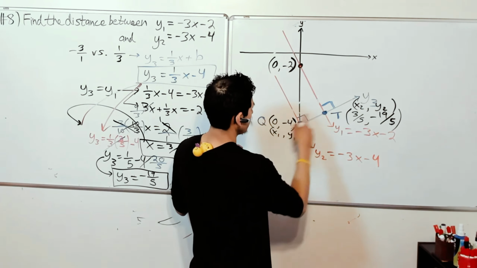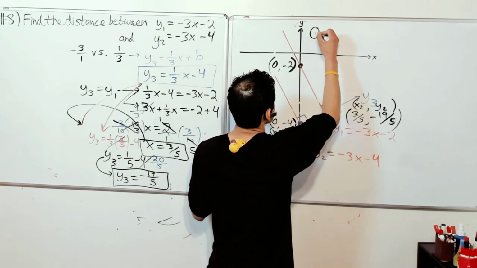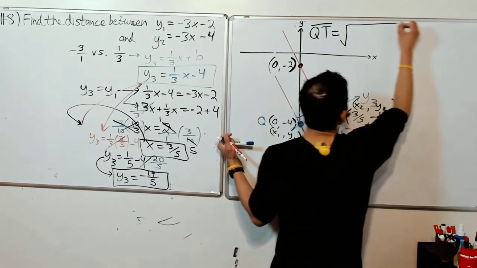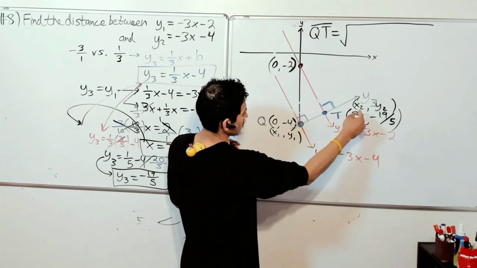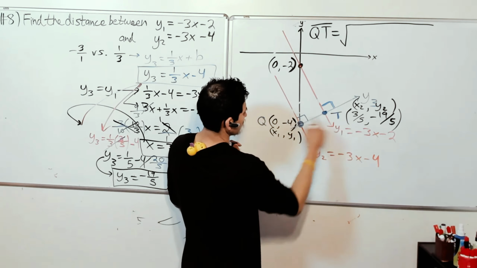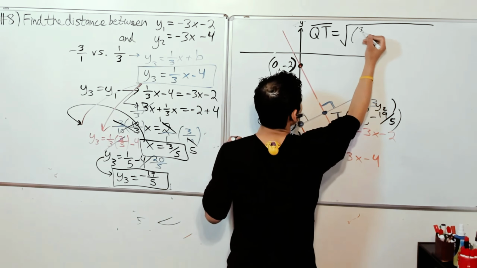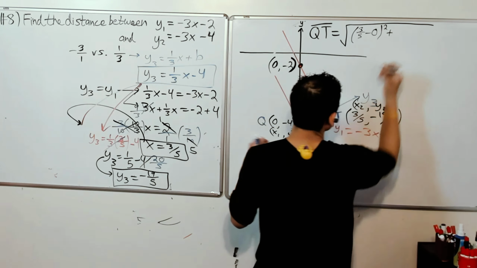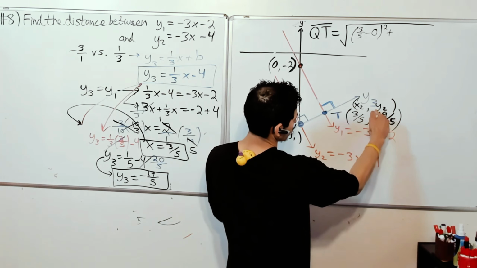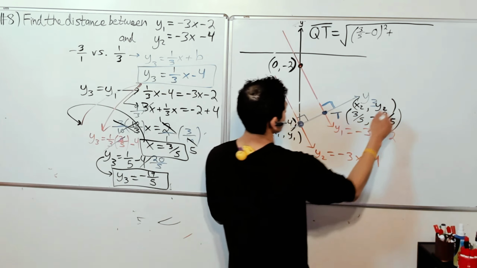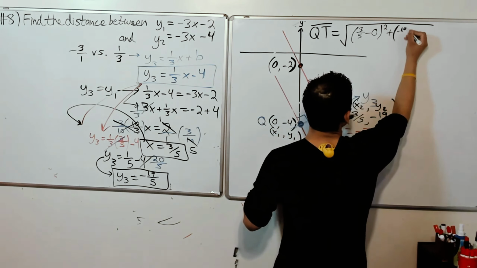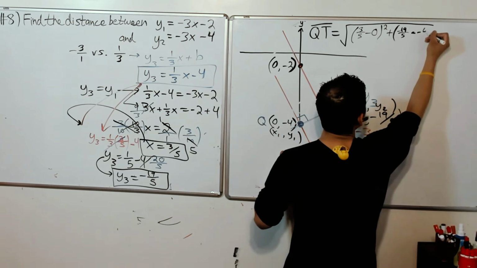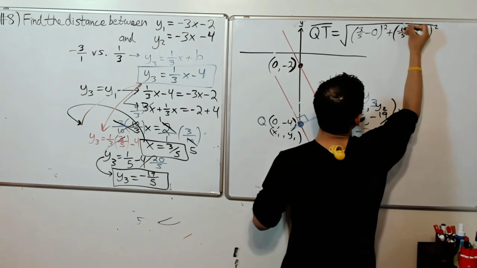So we're going to have QT be equal to the square root of x2 minus x1, or 3/5 minus 0, squared, plus y2 minus y1, so negative 19 fifths minus a negative 4. All that is squared.